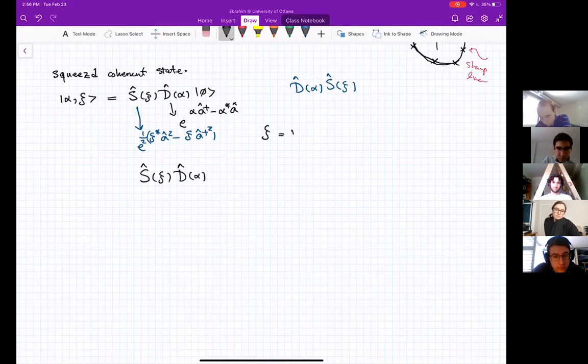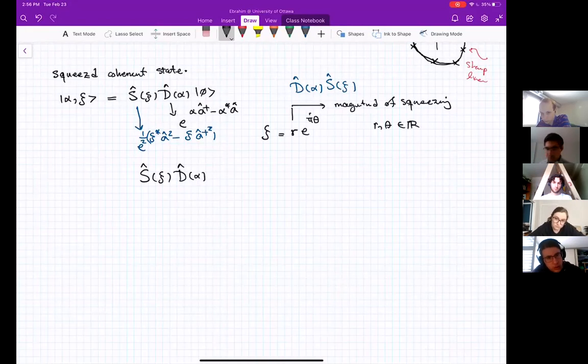So essentially, it can be written as r e power of i theta, where r is the magnitude of squeezing. Okay. And remember, r and theta are real quantities. So it's not necessary that they are complex, okay?